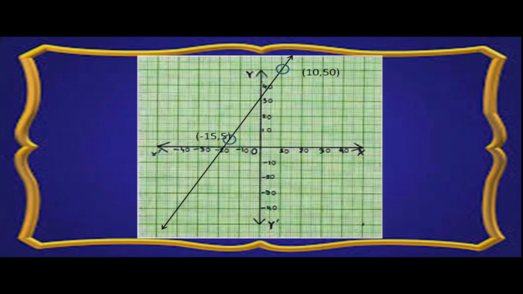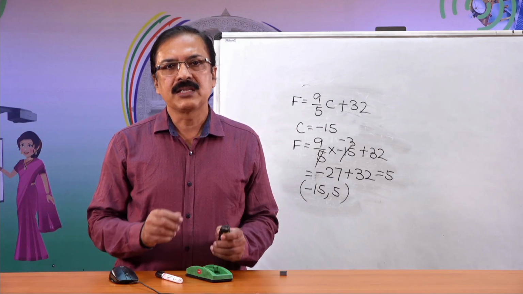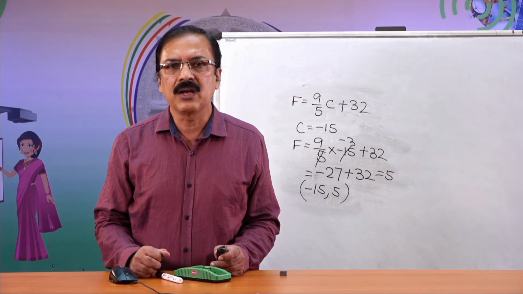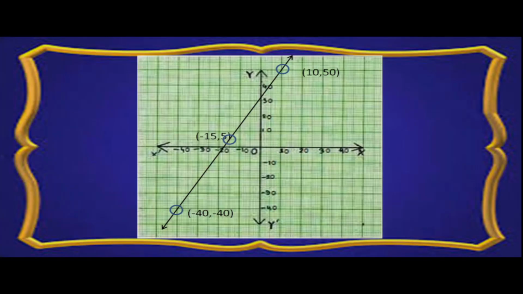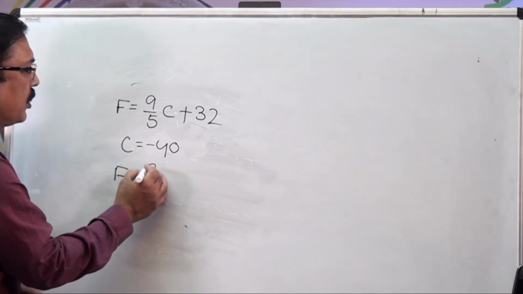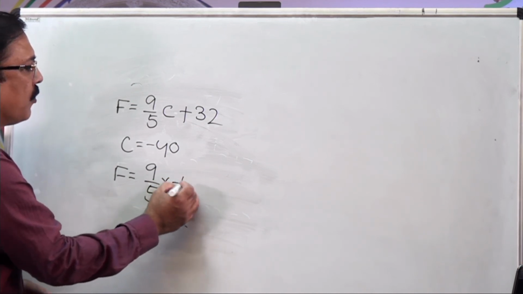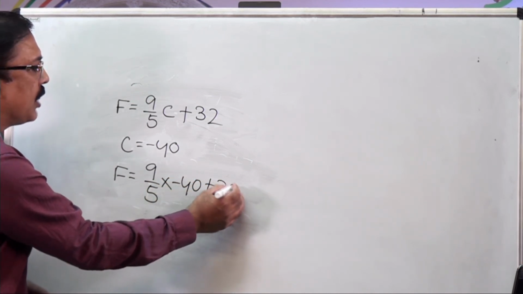Now if we study this straight line, we can see that this line passes through a point at which Fahrenheit and centigrade are equal. The coordinates of that point are (minus 40, minus 40). Let's see whether this satisfies the equation. If C is minus 40, then F is equal to 9 by 5 into minus 40 plus 32.